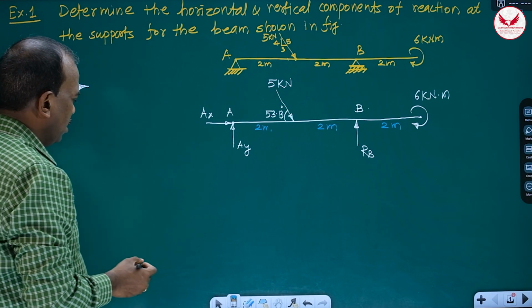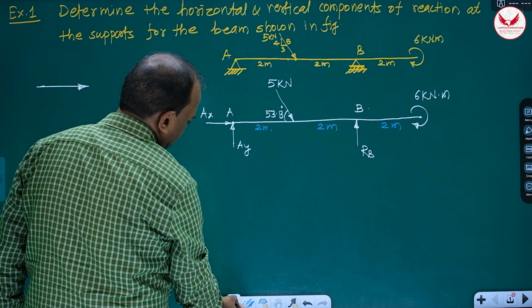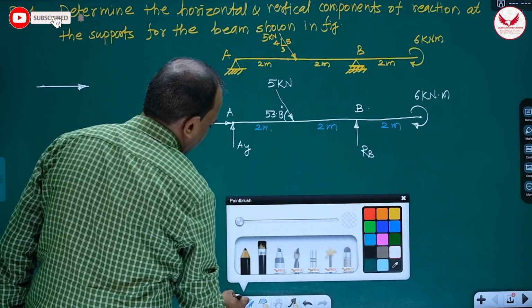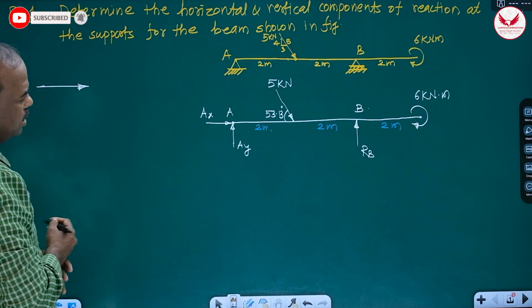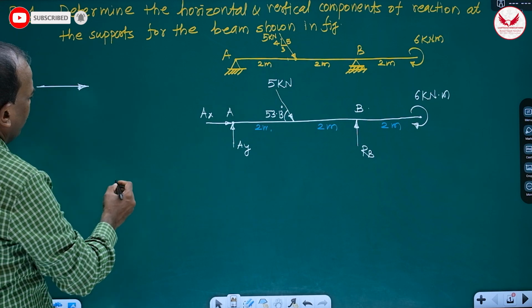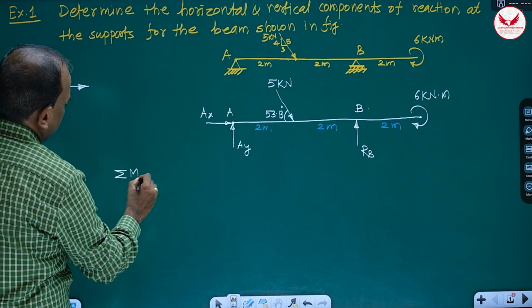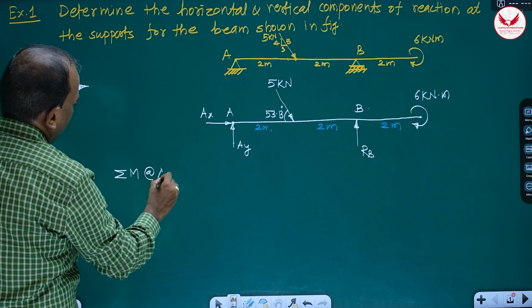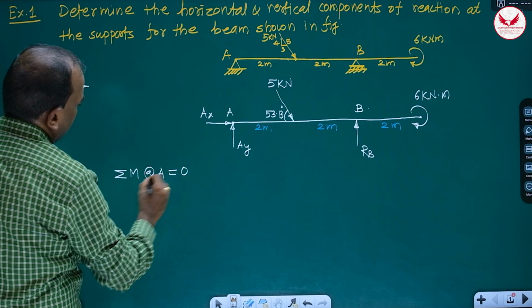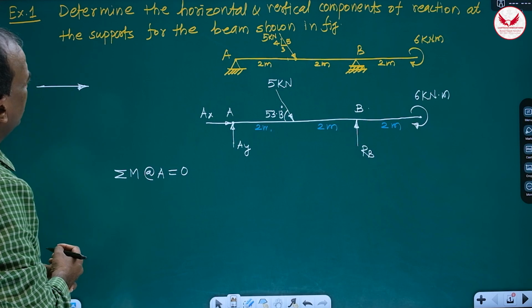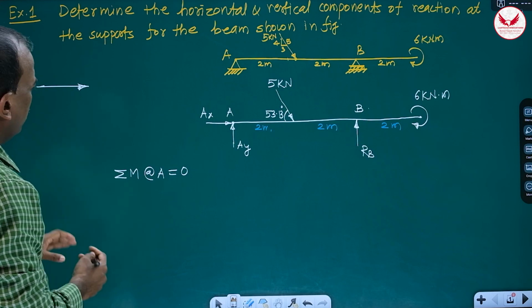Once we draw the free-body diagram, after that the problem is very simple. What I have told, summation M. So here what we'll do, summation M about A, it is equal to 0.